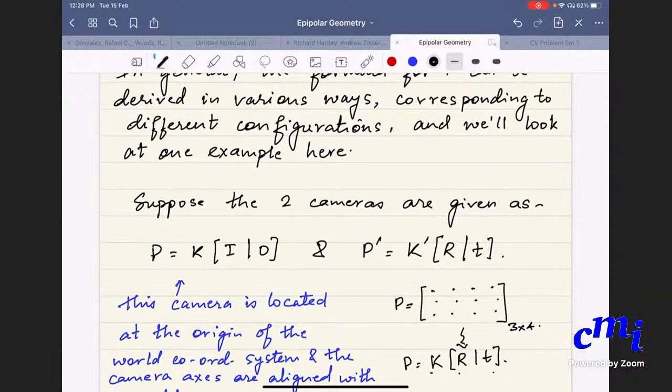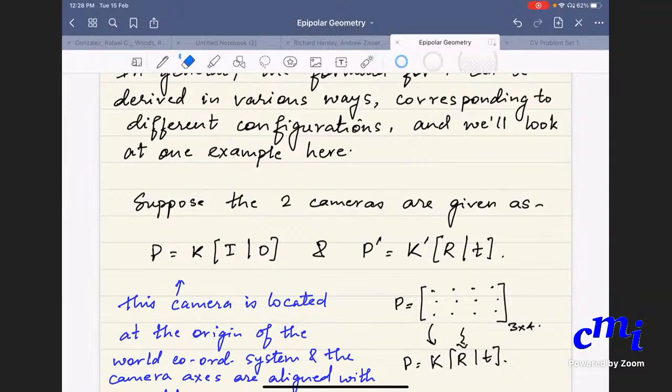Okay, so of course you know how to go from a calibrated form to a general 3 by 4: just multiply out the elements. And we have also seen in that lecture about the anatomy of the camera matrix, that if you are given a 3 by 4 array like this, how do you compute the components of this calibration? Okay, so for example, we know what should be the camera center, right?